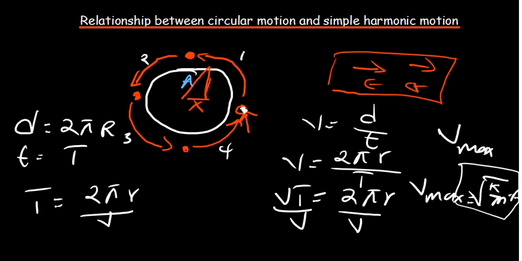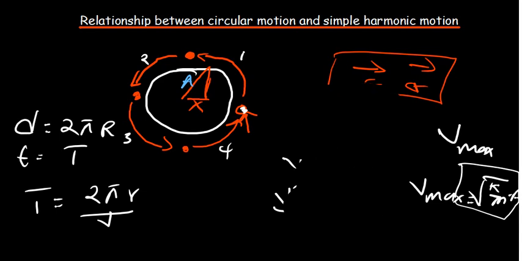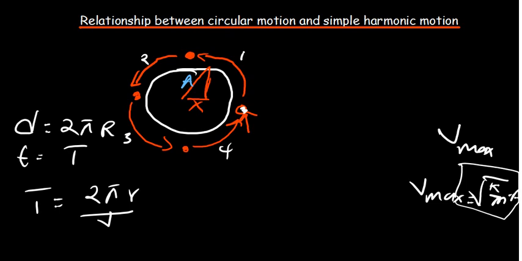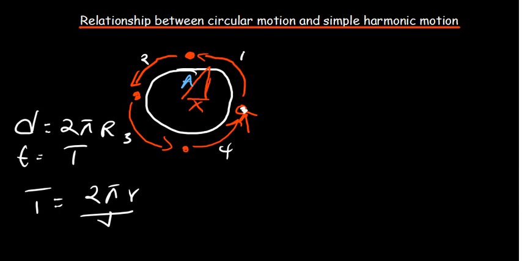Let me create the space. So we are saying v max is equal to the square root of k over m times a outside.